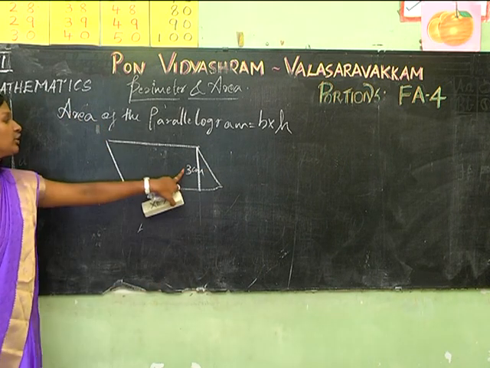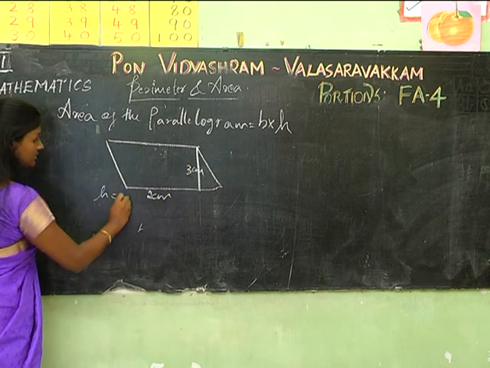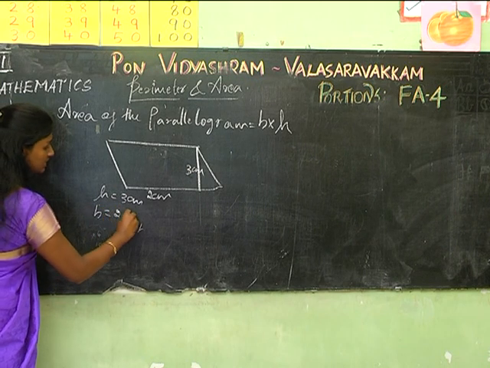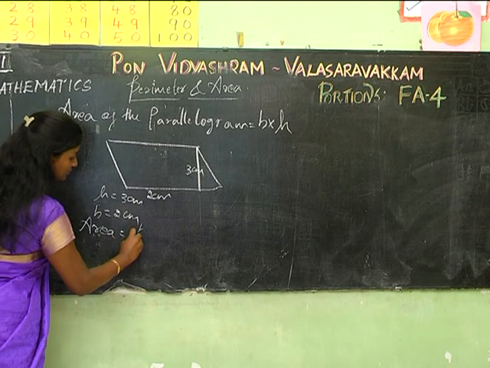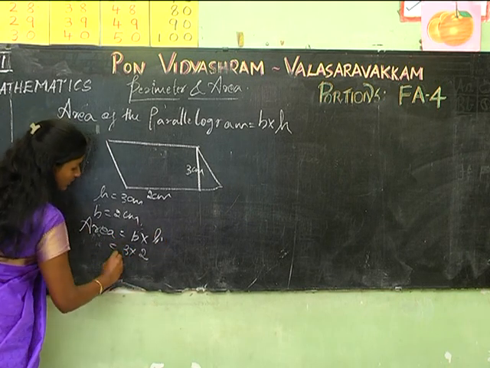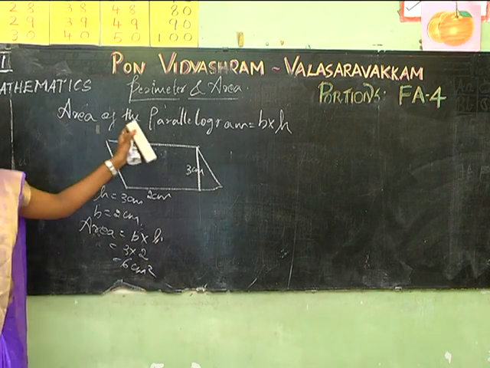The height of the parallelogram is given as 3 centimeters and my base is given as 2 centimeters. So in order to find the area, I am going to substitute the values and multiply. Therefore, 3 into 2, which is nothing but 6 centimeters square, will be my area of the parallelogram.